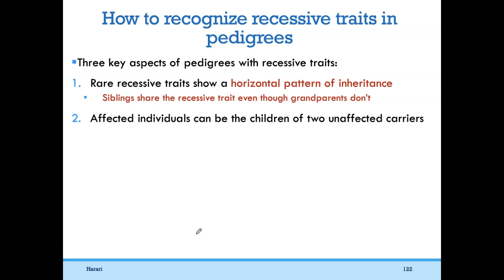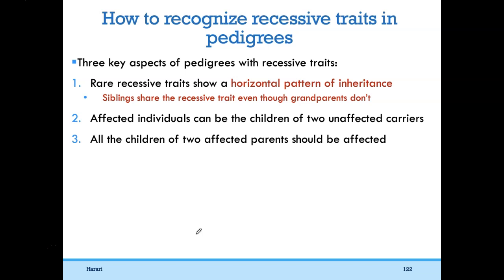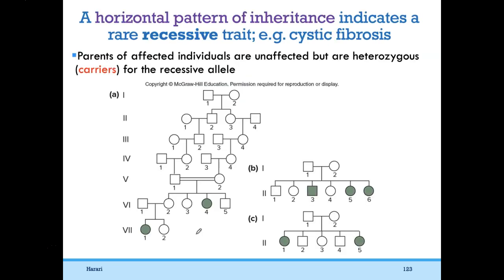Affected individuals can have two unaffected parents. So it's possible that two seemingly healthy parents have an affected child that has a recessive disease. And all of the children of two affected parents will also be affected, if it's a recessive disease.